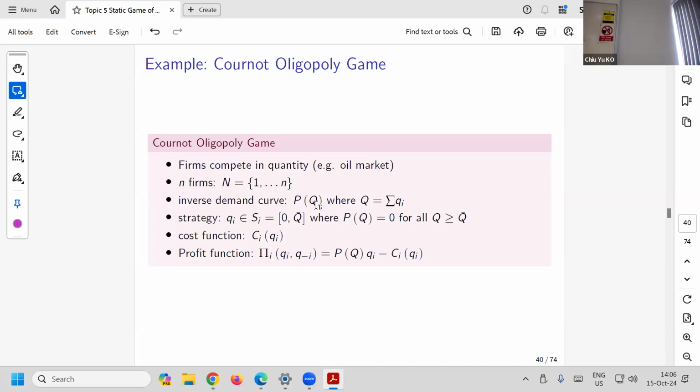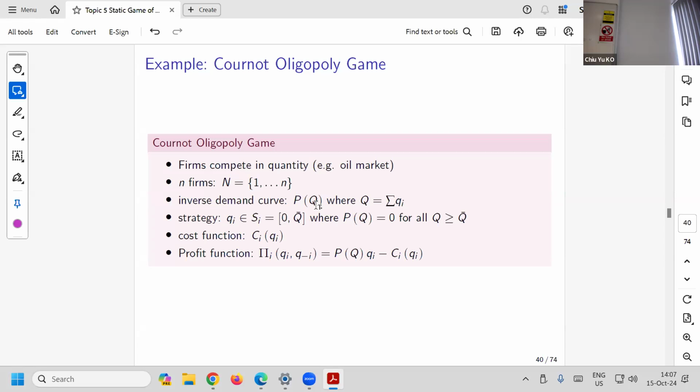Because if I produce more than that, I have zero profit, I have more cost. My profit is negative, right? And negative profit is strictly dominated, no matter what the other people do. Getting zero, not producing anything, is better.